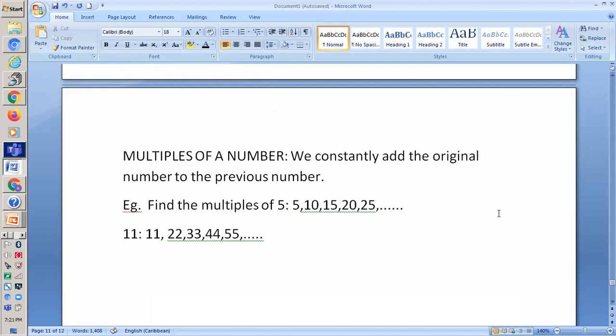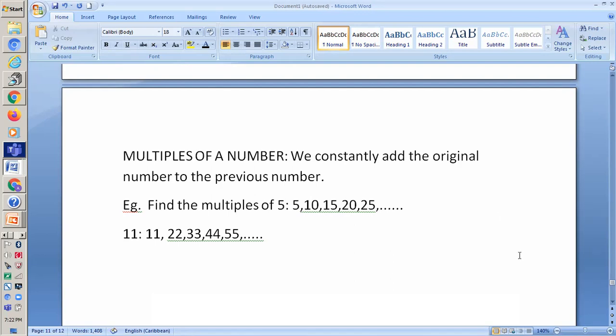Remember, the multiples don't stop. So if I say find the highest common multiple, you're going to take from eternity because numbers are continuous. You wouldn't get a question that asks for the highest common multiple. You'd more likely hear, what is the highest common factor? Because multiples continue and continue.